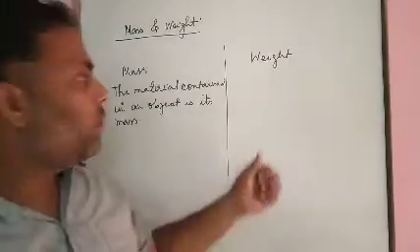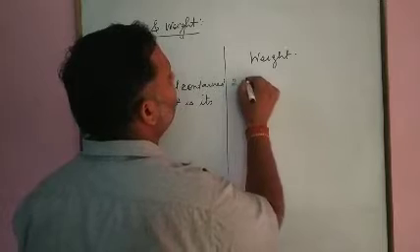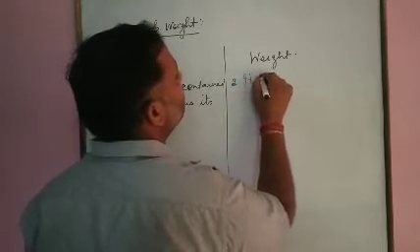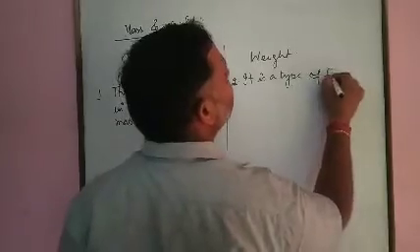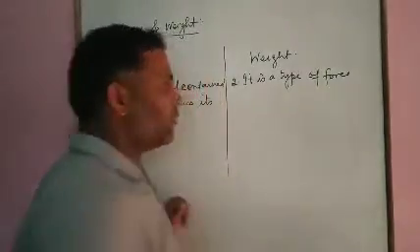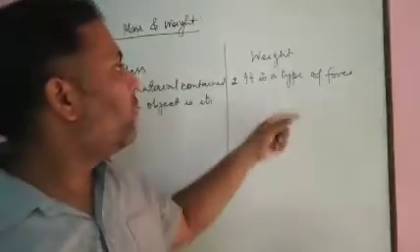But we know what is weight. Weight is a type of force. How? When gravity acts on mass, then what do we get? We get weight.